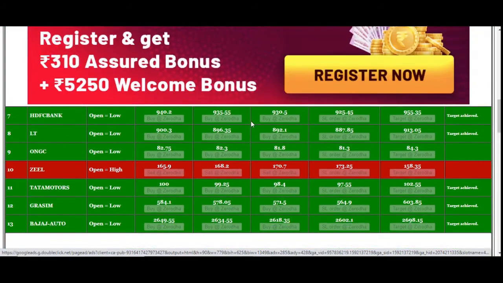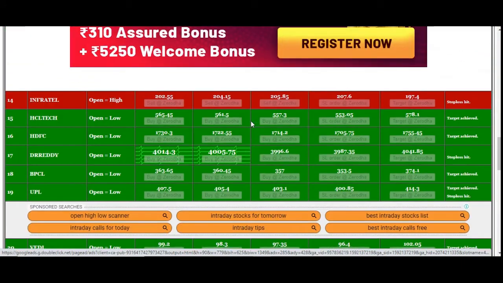Then you look for a stock which is trading near the buy price level or sell price level. Here you can see that Dr. Reddy is trading near the buy price level, maybe near 4005.75.